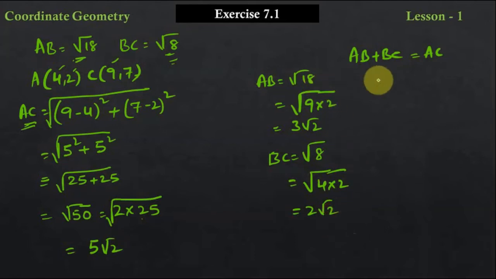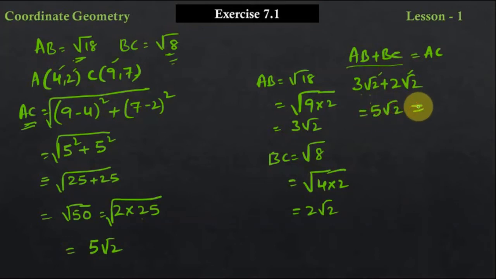Chalo, now we will check for this left hand side. So AB plus BC. AB value how much I got? 3 root 2 plus BC value how much I got? 2 root 2. So both are same, root 2, like terms. 3 root 2's plus 2 root 2's. Total 5 root 2's are there, left hand side.